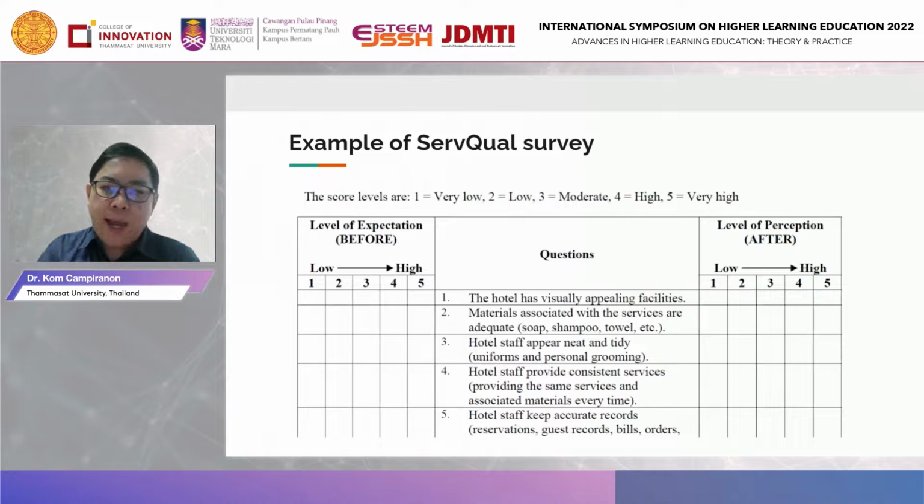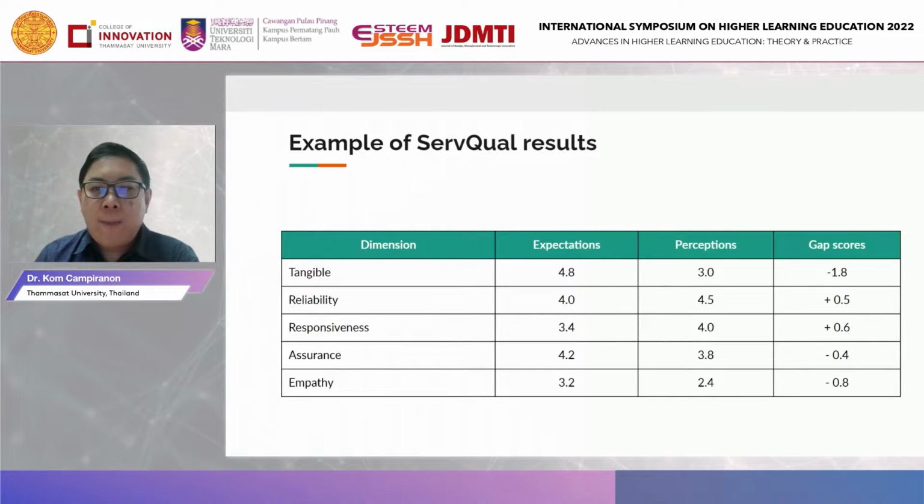So once we ask them all those questions, we will try to find a gap score. So gap score is basically a discrepancy or the difference between expectation and perception. Now, for example, for the first dimension tangible, expectation is 4.8. So it means that customers expect quite high for the tangible aspect, right? Like the hotel cleanliness, the modern hotel, staff uniform, and so on.